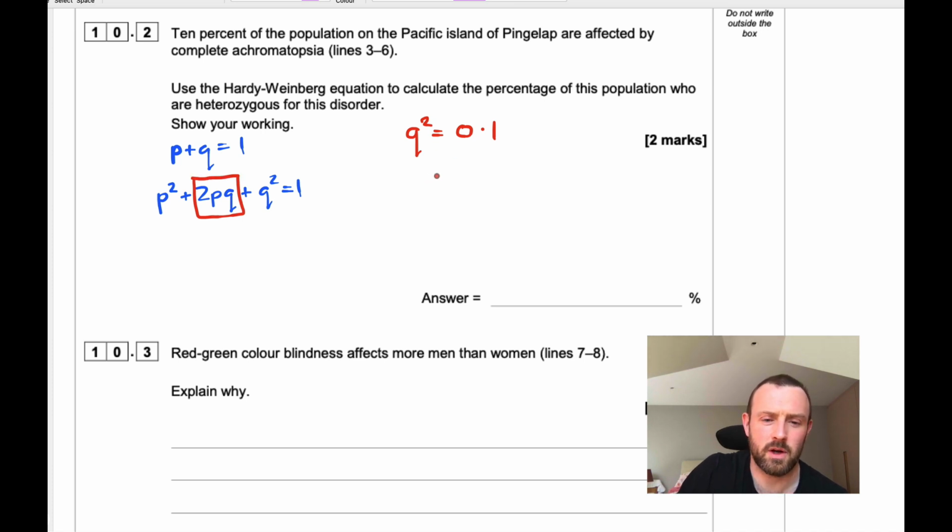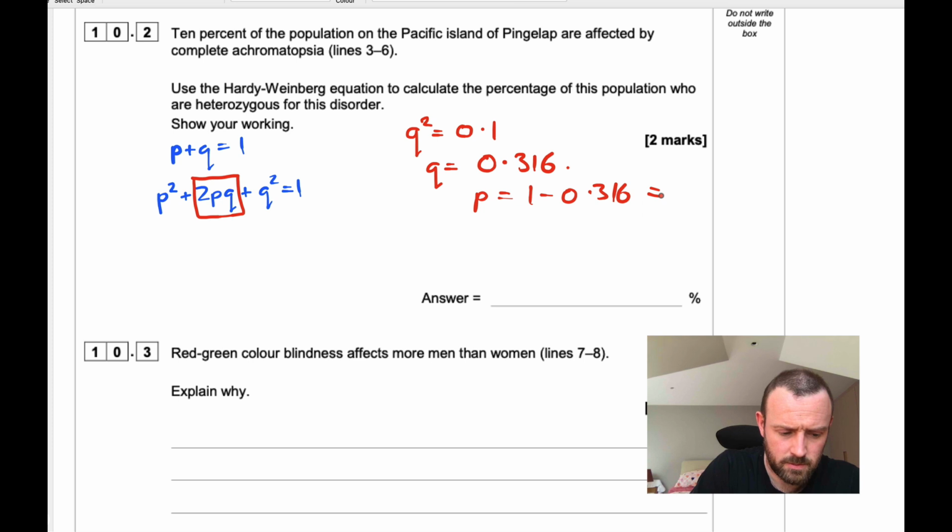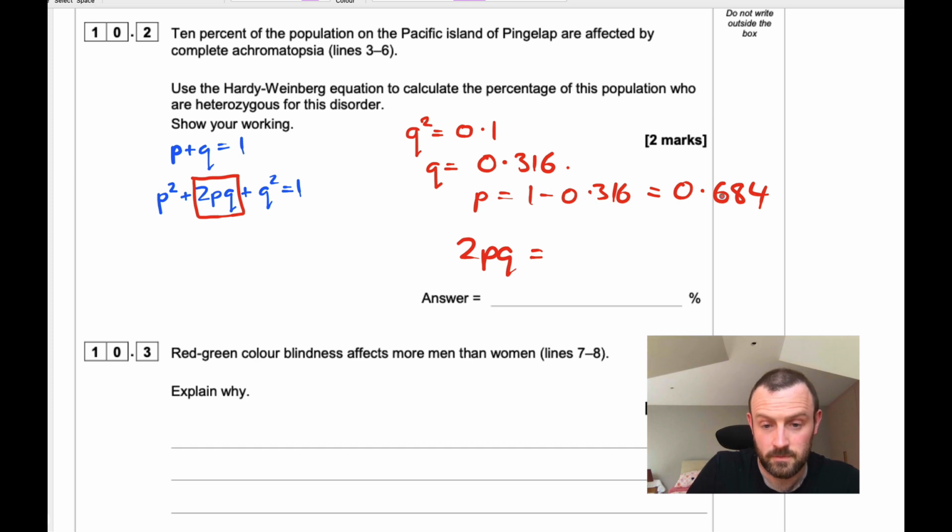So if q² is 0.1, then q equals the square root of 0.1. So we just do that in the calculator. 0.1, square root, 0.316. And therefore p is 1 minus that, which equals 0.684. And then 2pq, times them together.